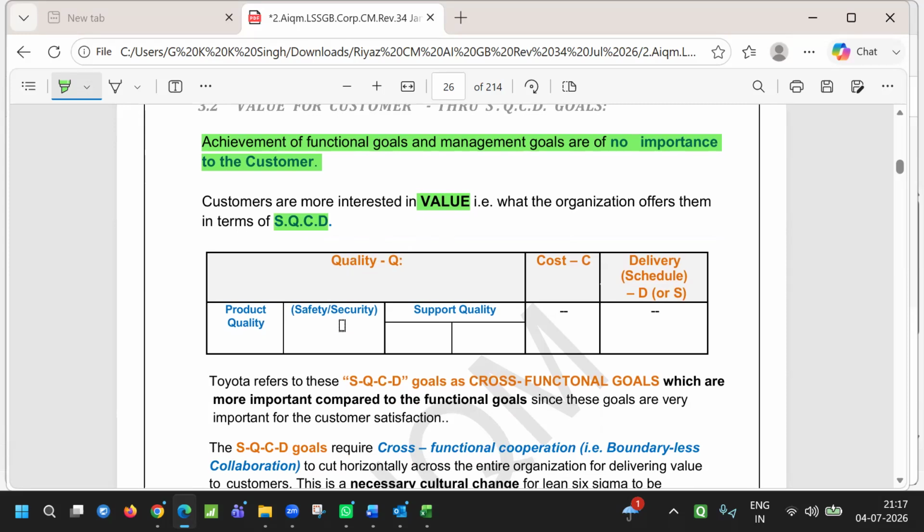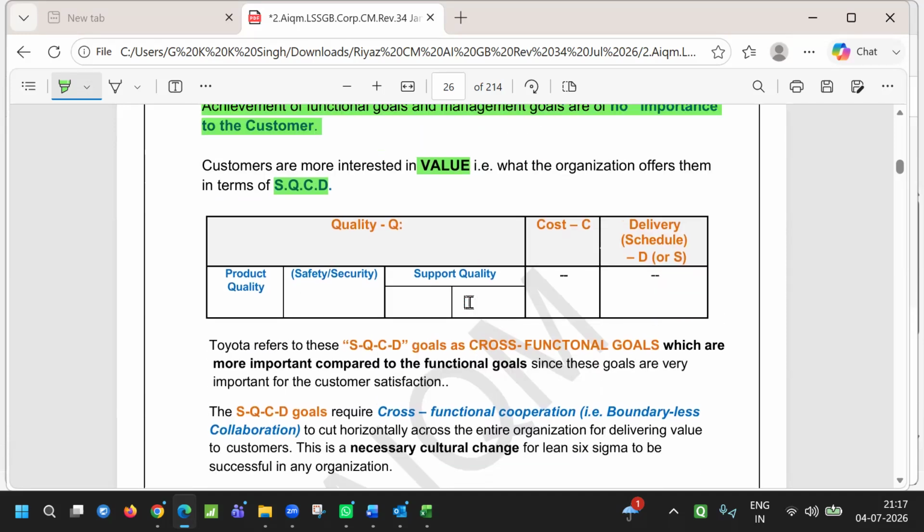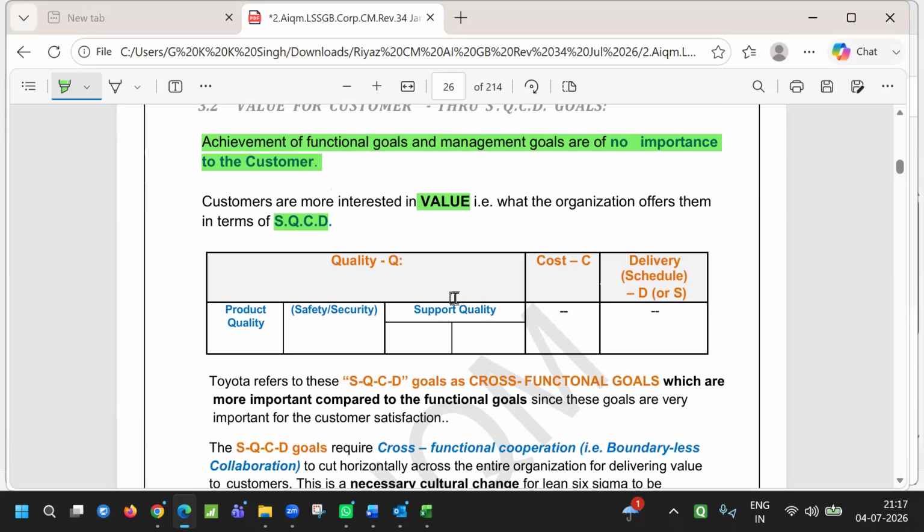So that is, in quality, we have quality of the product, safety or security of the customer. We say safety if it's a physical safety, and security of the data. Then quality of support, how we support the customer before the sale and after sale service. That is quality of support.